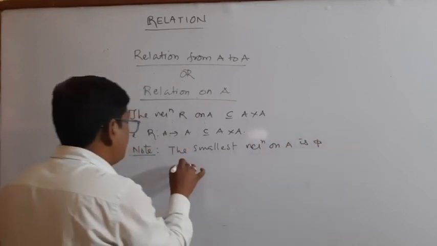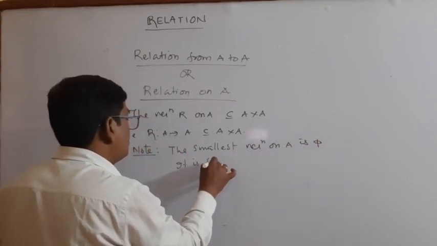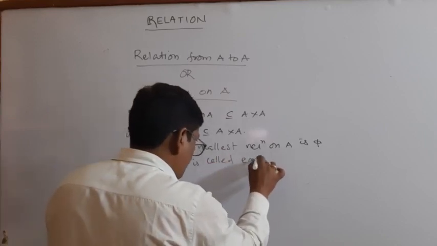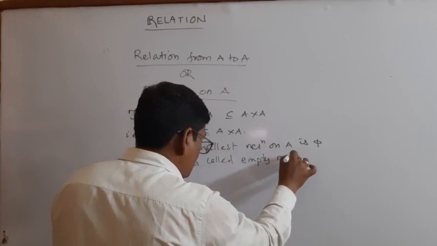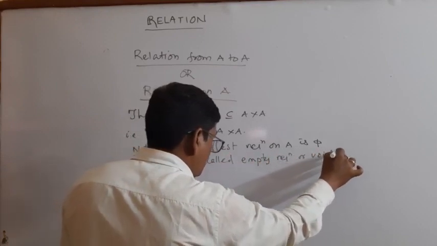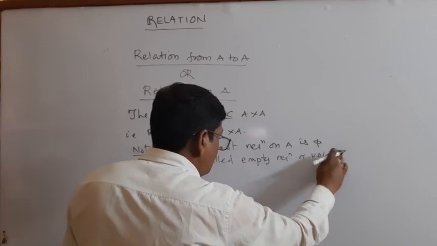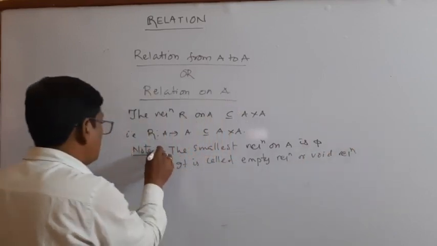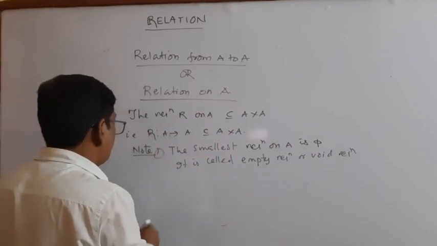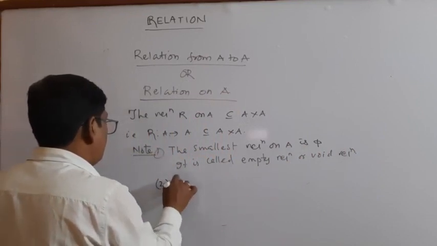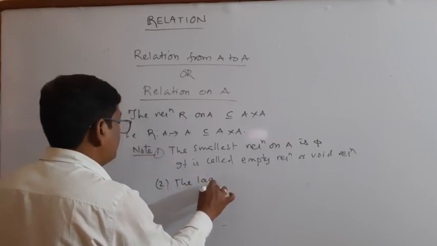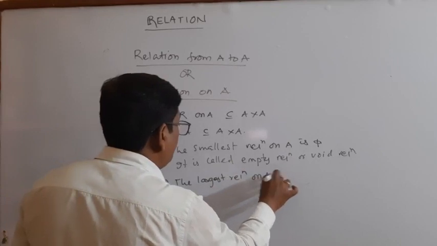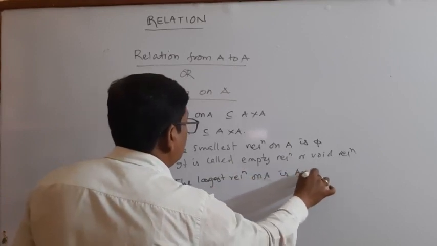It is called the empty relation or void relation, which was discussed in the previous relations. Number 2: the largest relation from A to A, the largest relation on A, is A cross A.